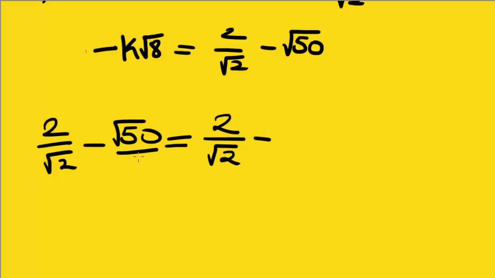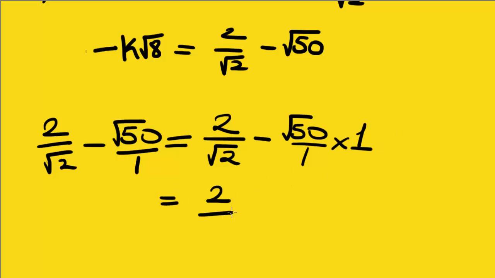Root 50 is the same thing as root 50 over 1, so you can call it a fraction. So I like to think of root 50 over 1 as being root 50 over 1 times 1, and I'll rewrite 1 as root 2 over 2.